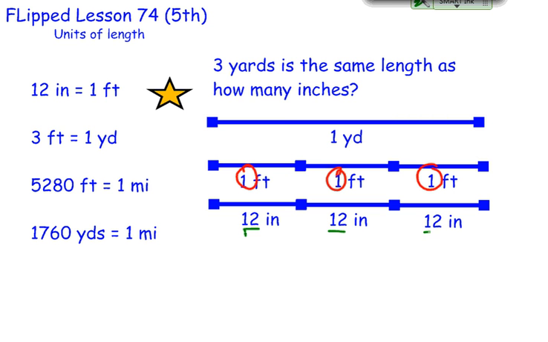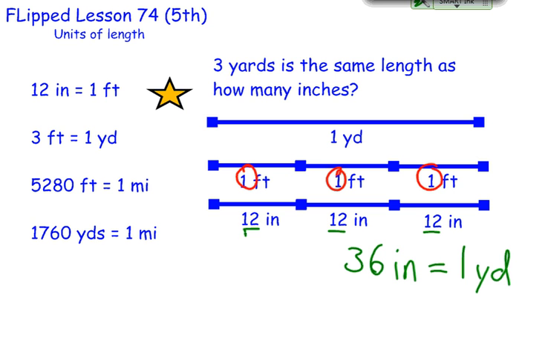So it would be easy to say by looking at this picture that 1 yard is 3 feet. And 1 yard is 12 inches plus 12 inches plus 12 inches to give us a total of 36 inches equals 1 yard. And so we have that idea.